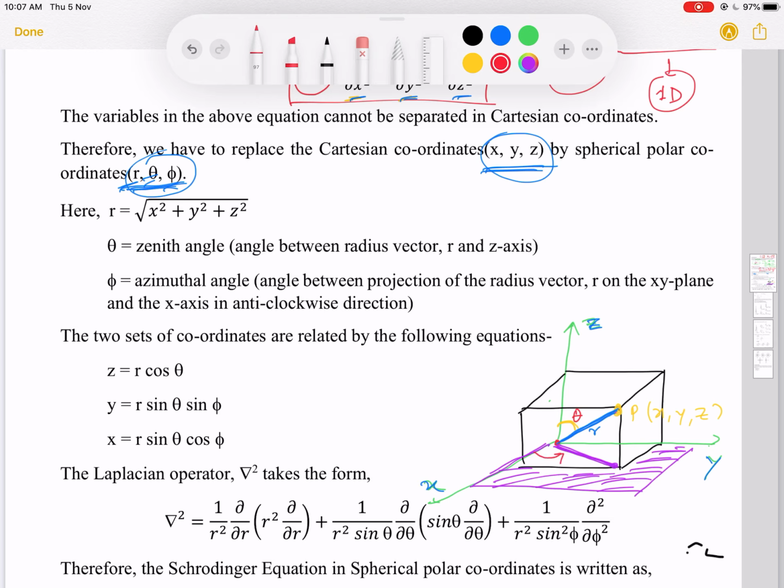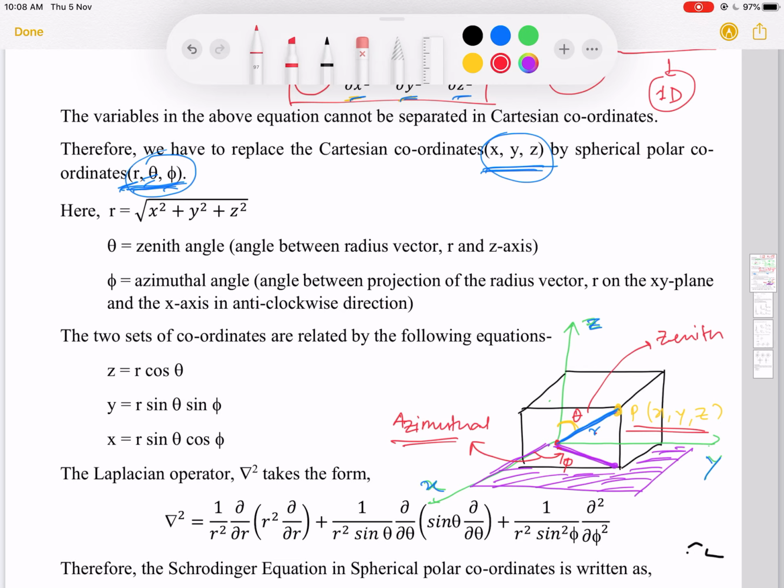The projection of r in the xy plane is this purple line, and the angle between the x-axis and this purple line is termed phi. This angle is called your azimuthal angle, and theta is called your zenith angle. So using this diagram, we can convert the Cartesian coordinate system into polar coordinates.